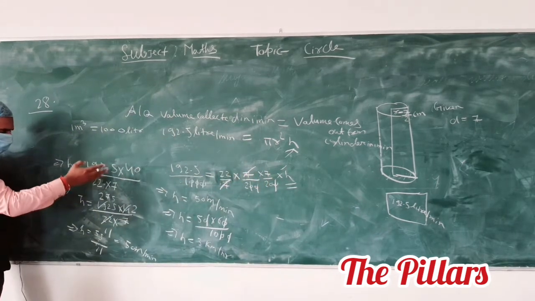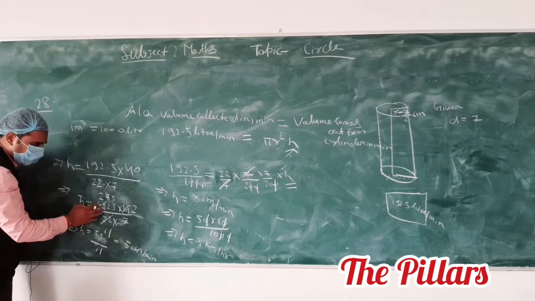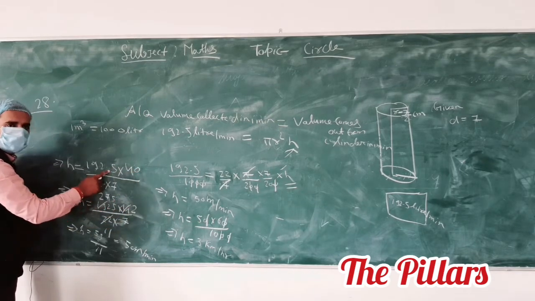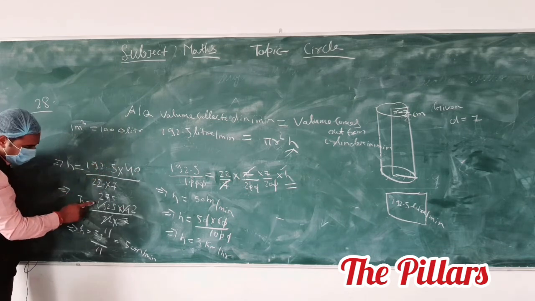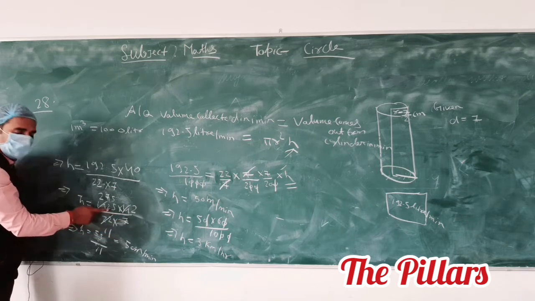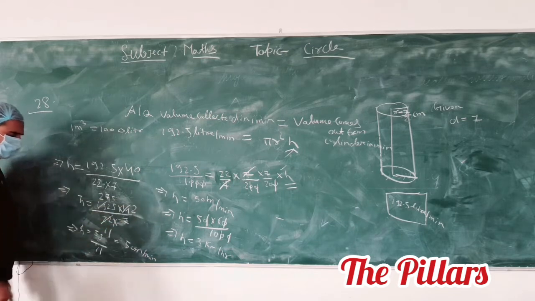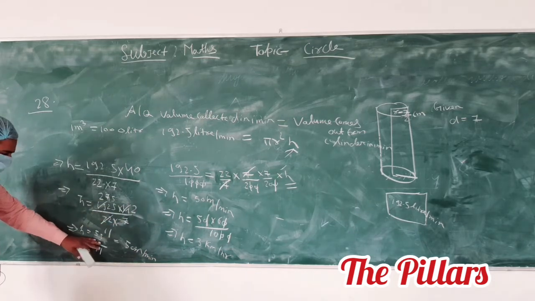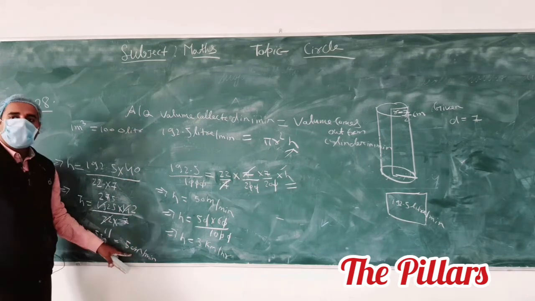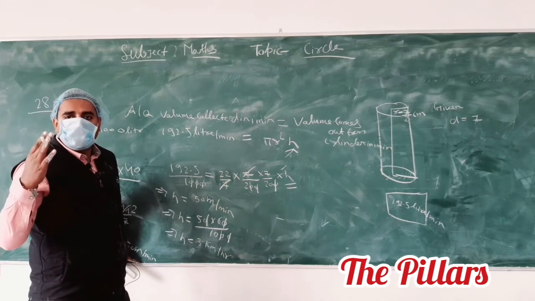To remove the decimal, 192.5 becomes 1925 into 4 divided by 22 into 7. Dividing 1925 by 7 gives 275 into 2 divided by 11, which is 550 divided by 11. The remaining value is 50 meter per minute. The speed of the water is 50 meter per minute.